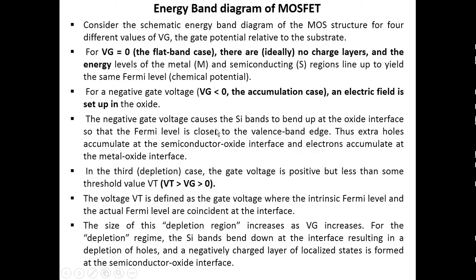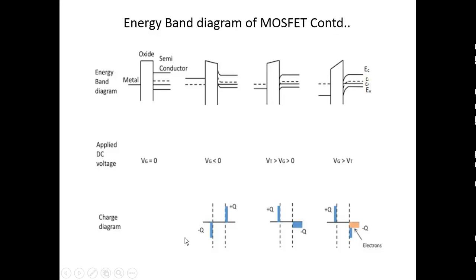The negative gate voltage causes the silicon bands to bend up at the oxide interface. Here you can see this is the silicon, and the energy band bends upward. That is what is called bend up.